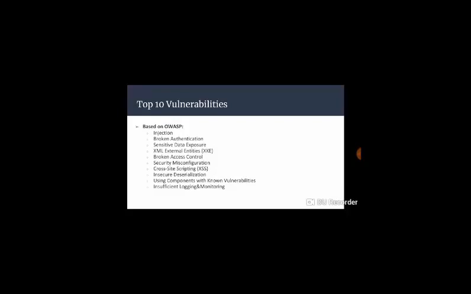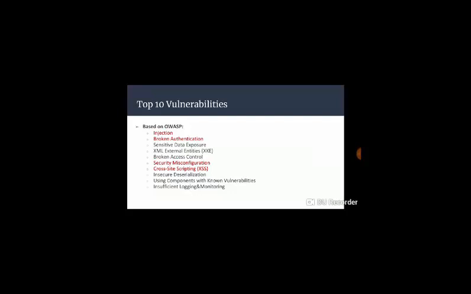Now the top vulnerabilities based on OWASP, and this is the updated one. The first one is injection, broken authentication, sensitive data exposure, and so on. I will take only 4 of them, which are injection, broken authentication, security misconfiguration, and cross-site scripting.